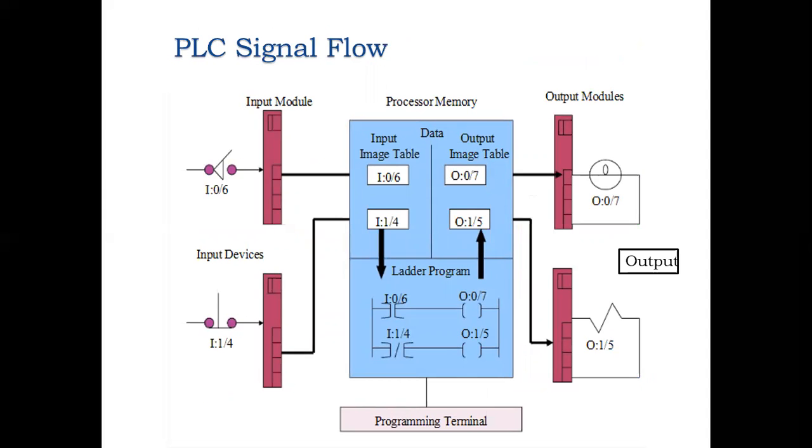The signal flow of PLC is input device, input module, then processing memory, then ladder program in the programming unit. It gets the input, sends it to the processor, and gets the output from the processor. That is the programming terminal concept. Then we have the output modules.